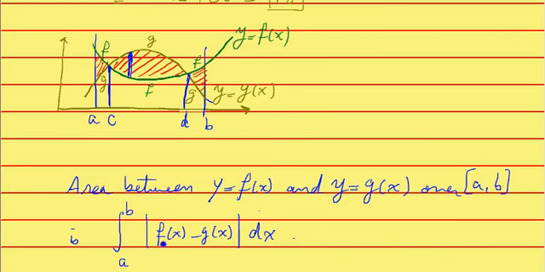Now there's a bit of cheating involved here. This doesn't really cure anything. In practice, when you want to solve this problem, you will be forced to go ahead and find the C and D and treat this problem in 3 separate sections anyway. Perhaps the only comfort it gives you is that you don't need to have a very precise picture. You don't really need to know who's on the top, who's on the bottom.